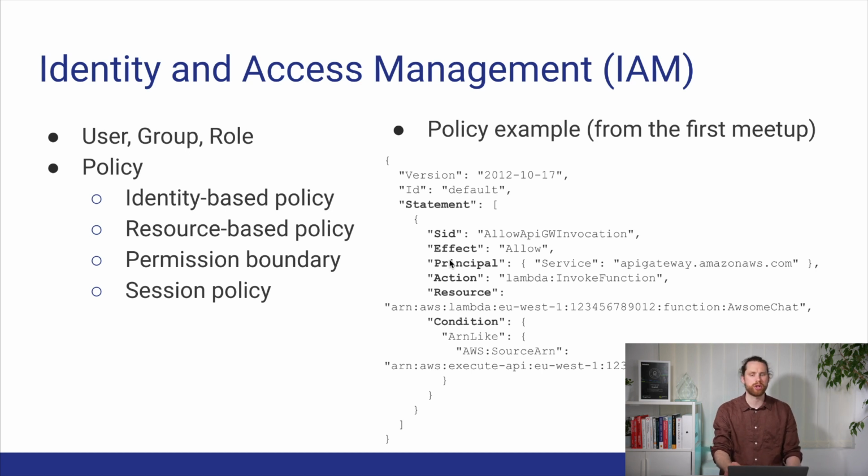Principal is an optional one. It depends on the context. If we apply it, for example, to a resource, then with this Principal attribute, we can tell who is the principal that can use me as a resource. Like if we attach it to an S3 bucket, we can say that an IAM role can list objects in this S3 bucket.